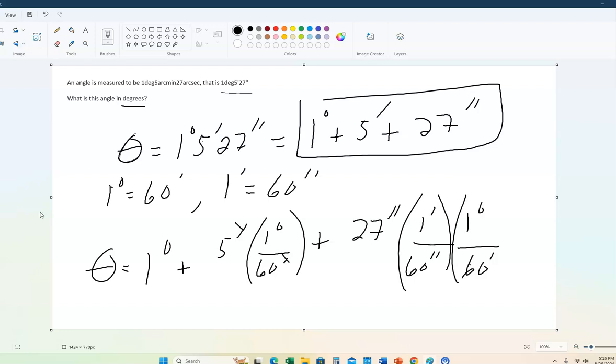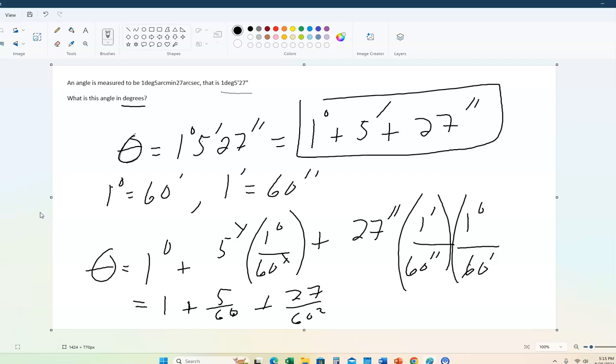I'll rewrite it: 1 plus, all in degrees, 5 divided by 60 plus 27 divided by 60 squared.